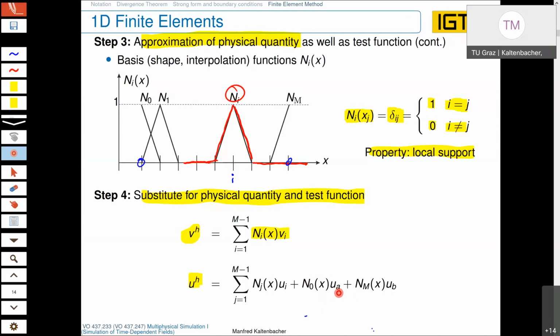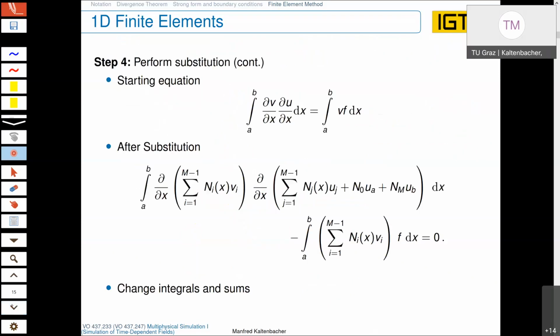Okay, so now we take these approximations. Yeah? The h here as the superscript means this is the approximation for the continuous test function. This is the approximation for the continuous unknown physical quantity. And that we now take and put into our weak form.